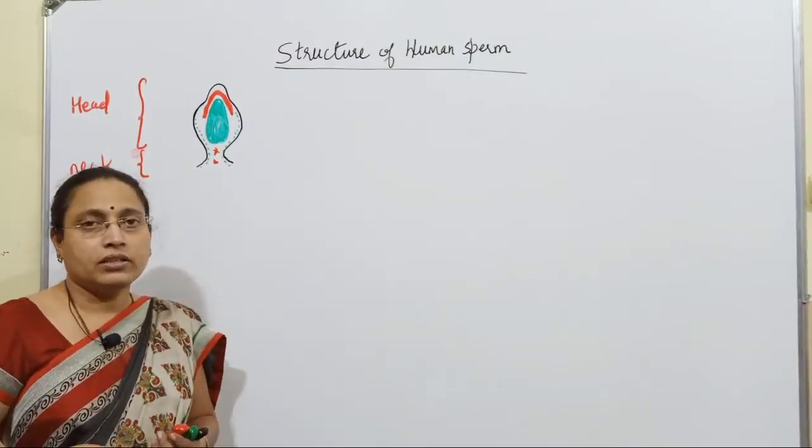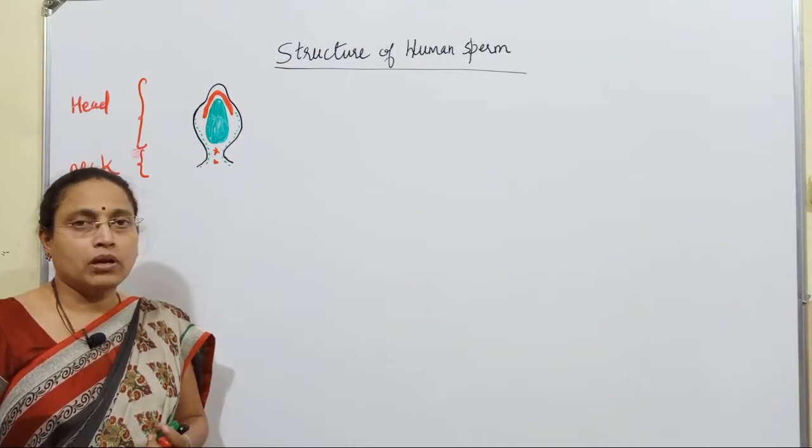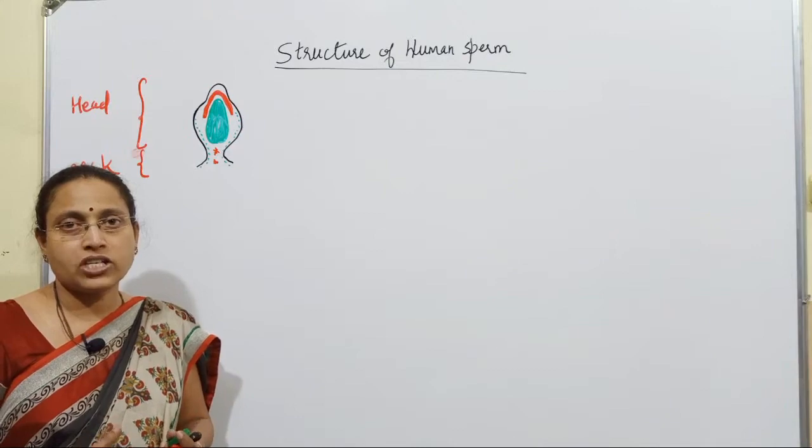The head region consists of acrosome and nucleus. These are the main structures present in the head region of sperm.